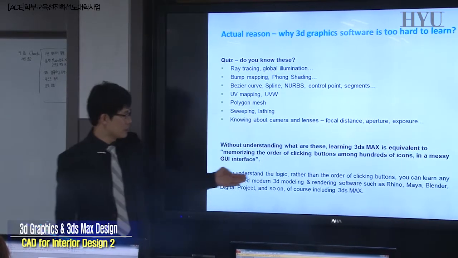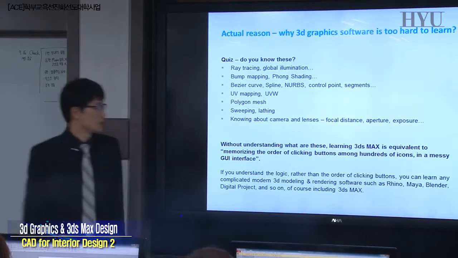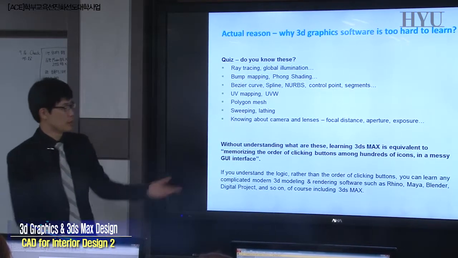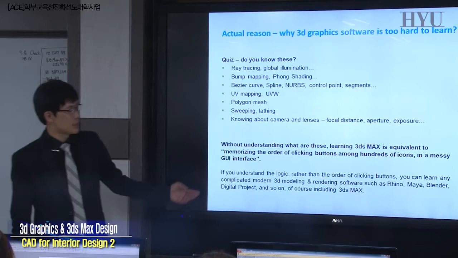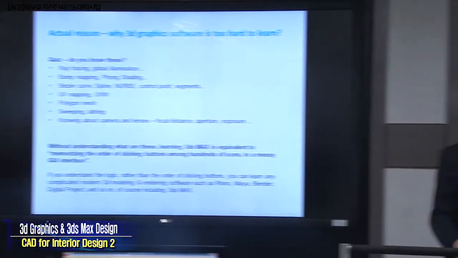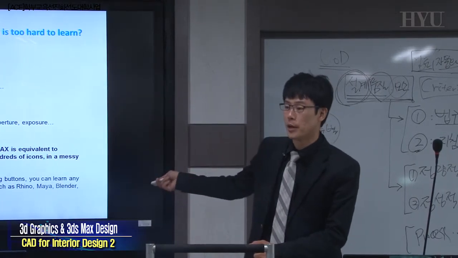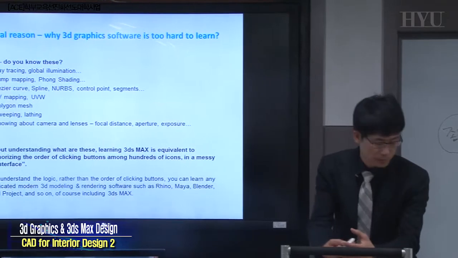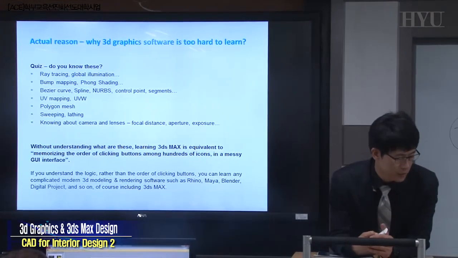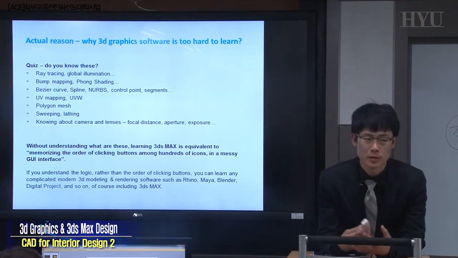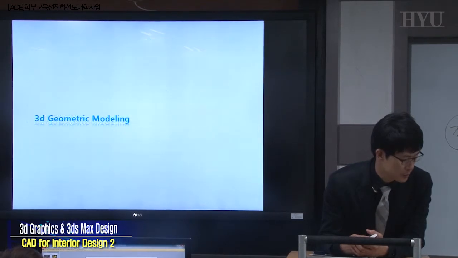So if you understand the logic rather than the order of clicking buttons, you can learn any complicated modern 3D modeling and rendering software such as Rhino, Maya, Blender, Digital Project, Revit, as well as 3D Max, which we have to take care of this semester. Okay? Simply say, you should know the technologies behind it and the fundamental theory background. Okay?